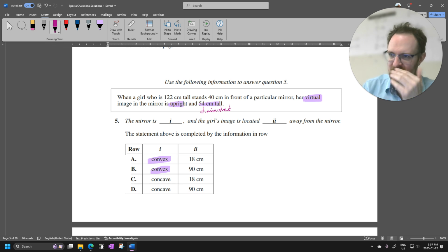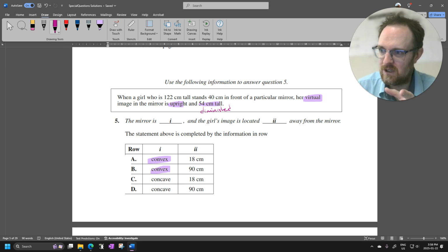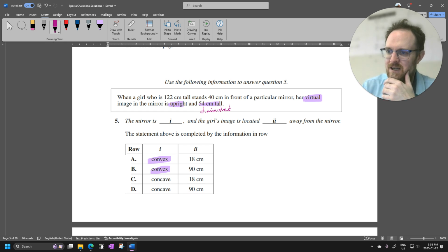There's a couple other ways you could do this mathematically. If I wanted to, I can try to prove that's convex. I'm just kind of looking at what we have to do here. So my magnification, which is going to be negative DI over DO, is equal to HI over HO, which is 54 centimeters, and we have that one.